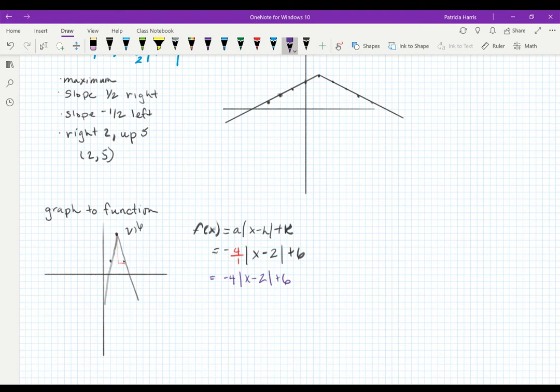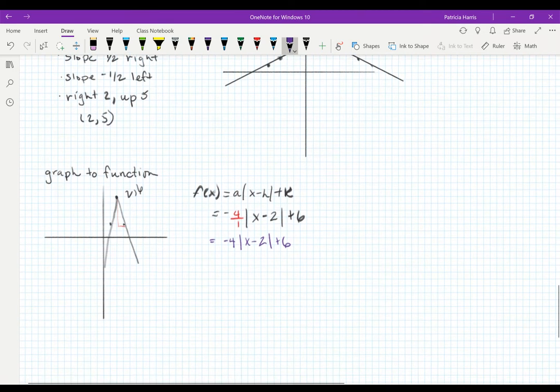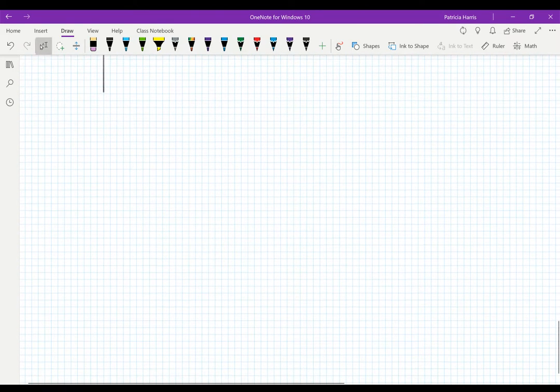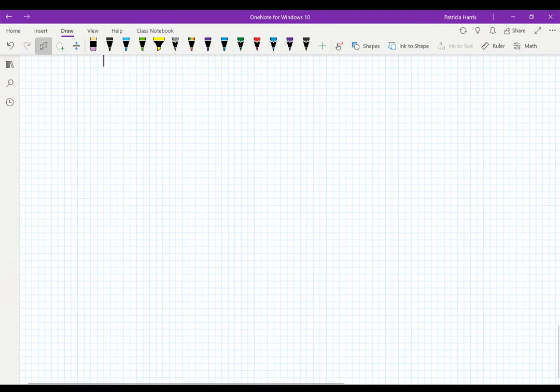So the next thing that we are going to do is function values. You guys have found function values before, and you can do it two ways. You can do it by algebra, or you can do it by the graph. So we're going to do algebra first. Let's say, for example, I have the function f of x equals 5 absolute value x minus 4 plus 12.